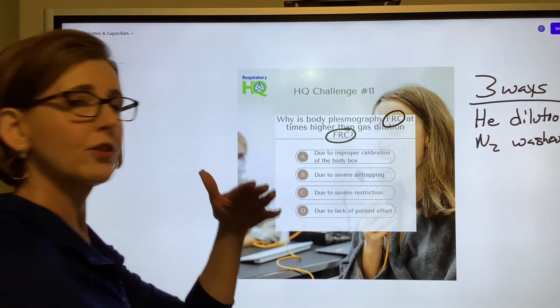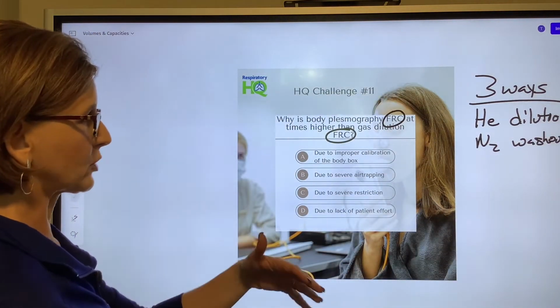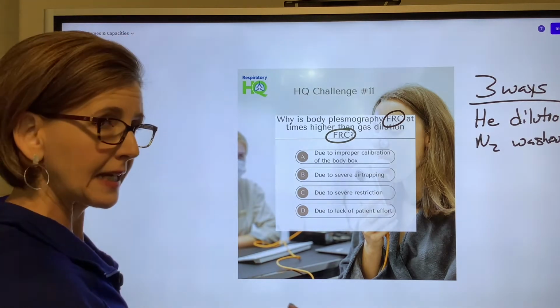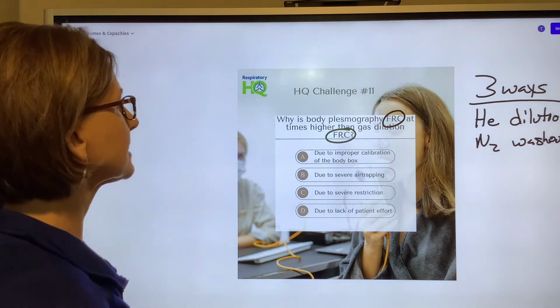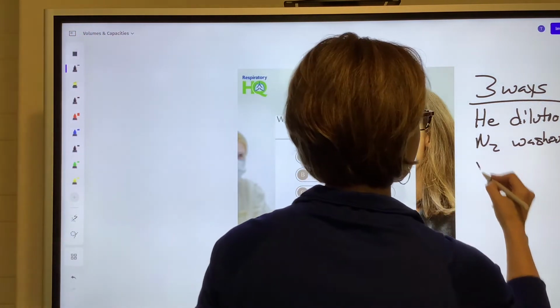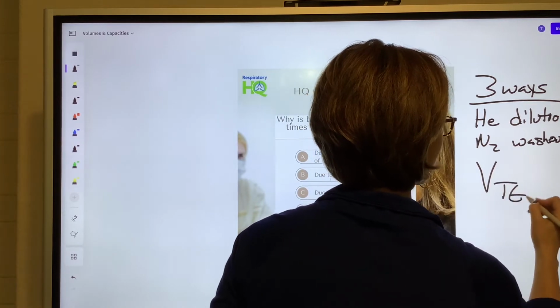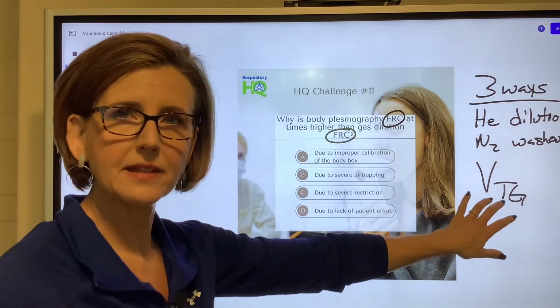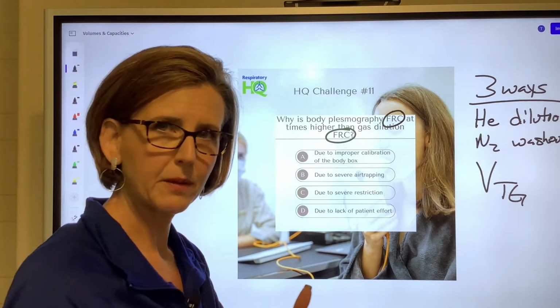Okay, but there is a third way to measure this, which is a much more accurate way. It's done in the body box, and body box is body plethysmography, but that is measuring thoracic gas volume. That's just a really fancy way to say FRC measured by the body box.